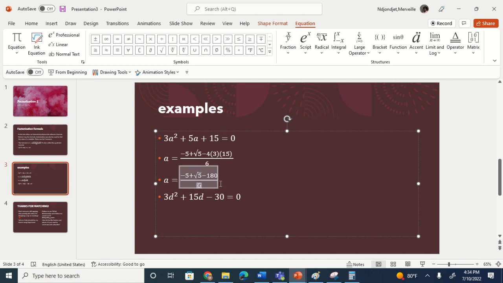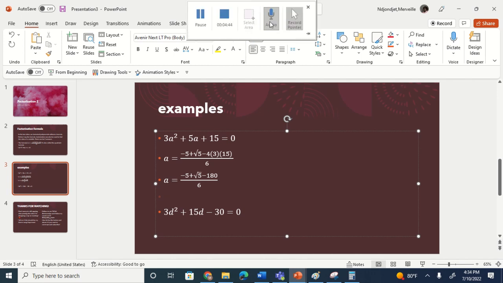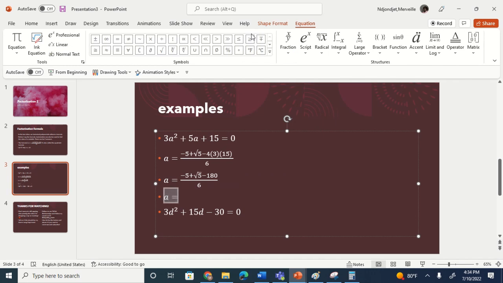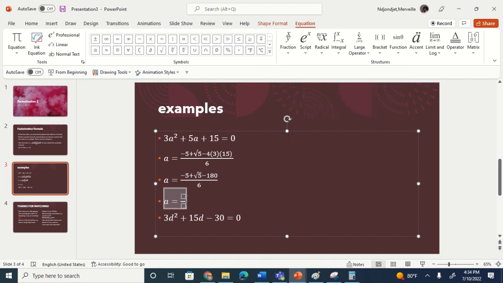All over 6. So we have the square root of 5 squared, which is 25, minus 180. So we have 25 minus 180 is going to be minus 175.